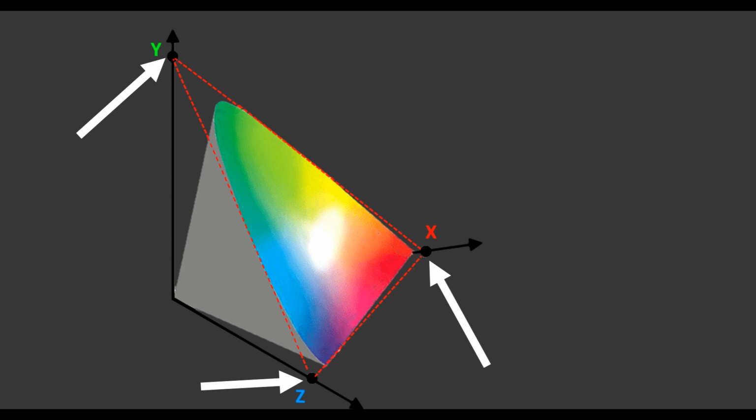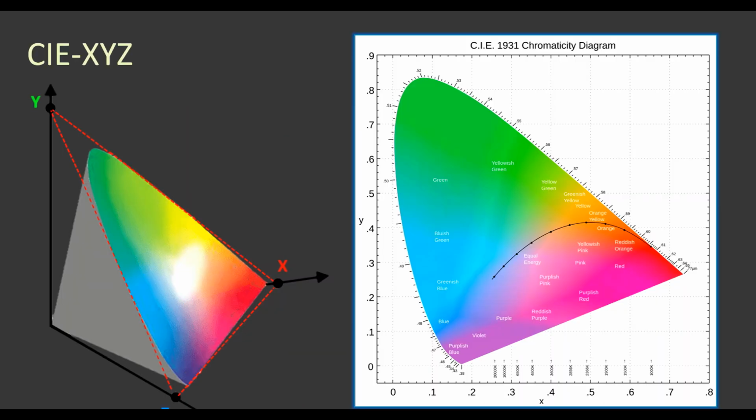Why is that? The short answer is that it is impossible to recreate all visible colors using a fixed set of real primaries. Let's illustrate this by looking at our visible colors gamut. These are all visible colors that we can see. We pick three primaries right on the edges of the visible color.